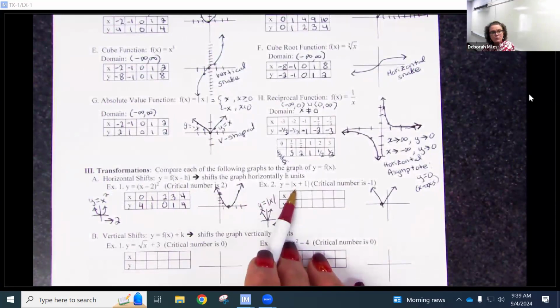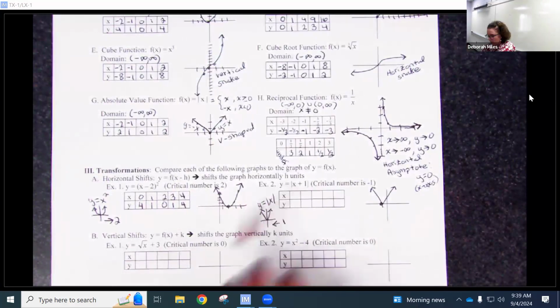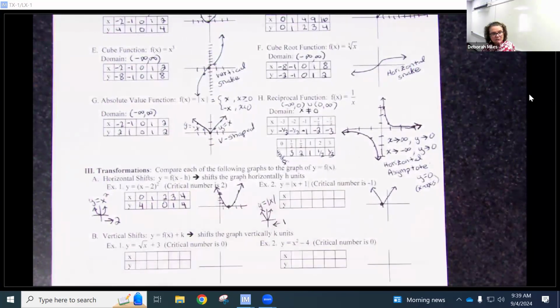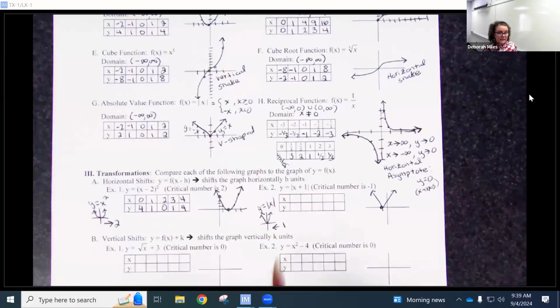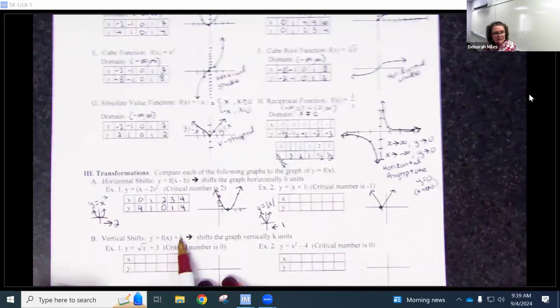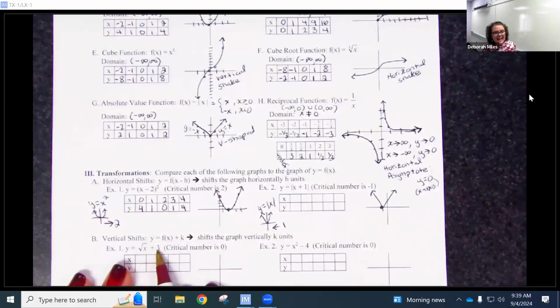For example, y equals square root of x plus 3. If I ask you to evaluate that for x equals, let's say 0, or for x equals 4, you would take the square root of 4 before you added the 3. The 3 is added after, which is what makes it a vertical shift.